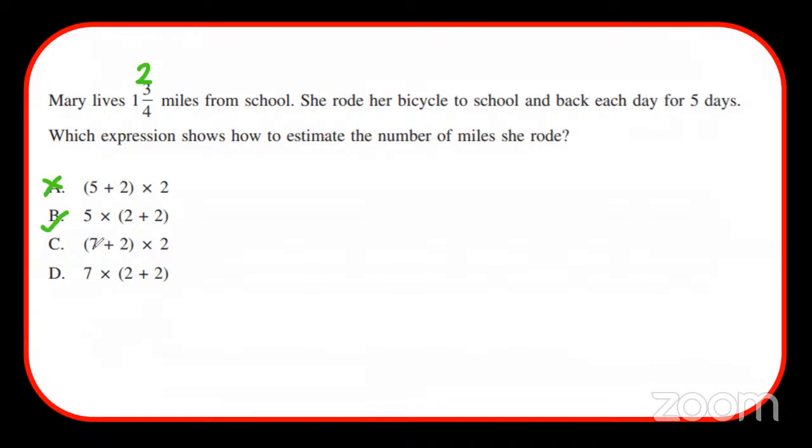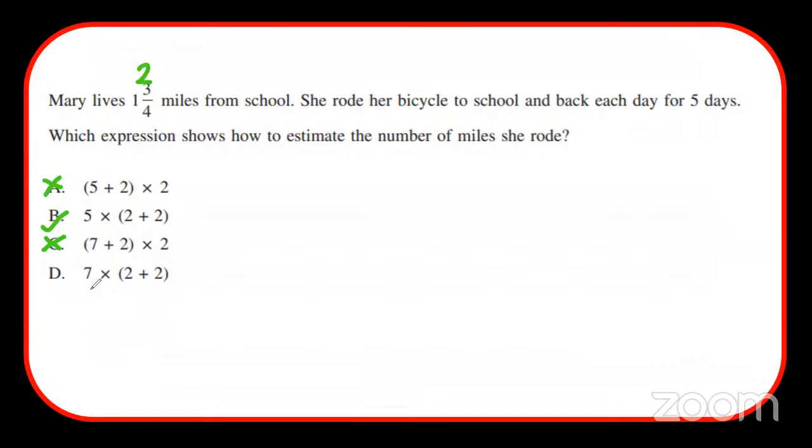Let's look at this one. 7 plus 2. Where did this 7 come from? Did they add the 2 miles plus the 5 and then multiply it by 2 for the back and forth trip? Whatever it is, this one does not add up either. 7 multiplied by 2 plus 2. No, 2 plus 2 is 2 miles to school, 2 miles back.